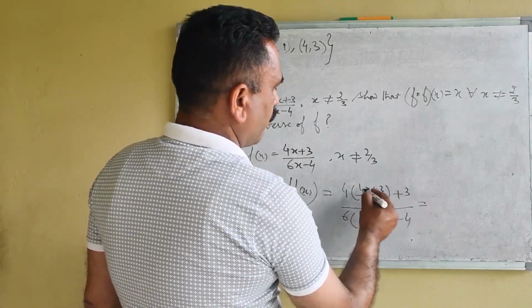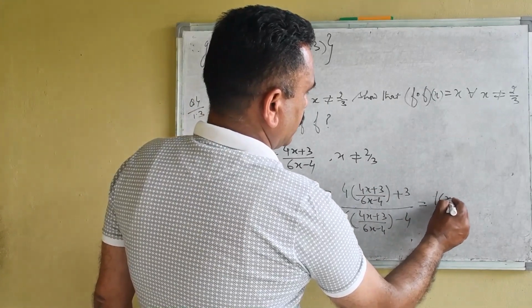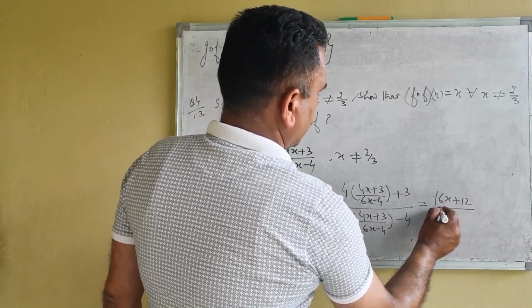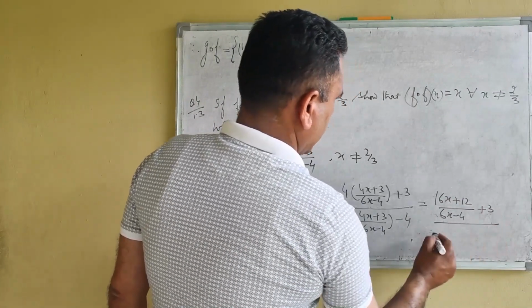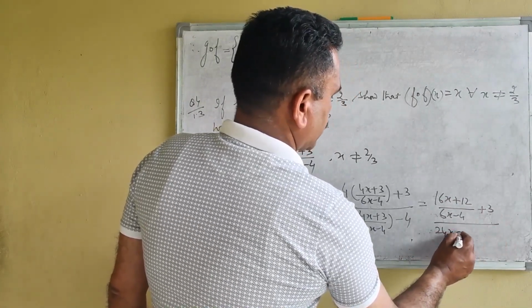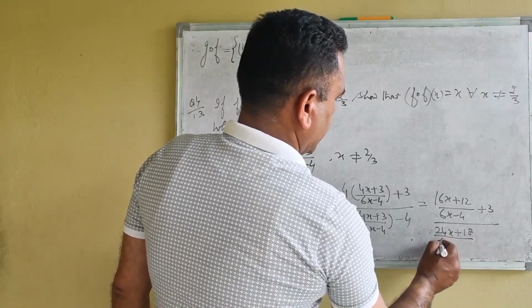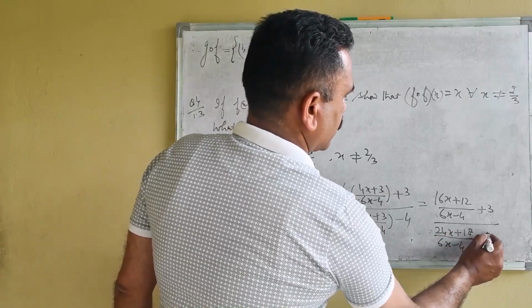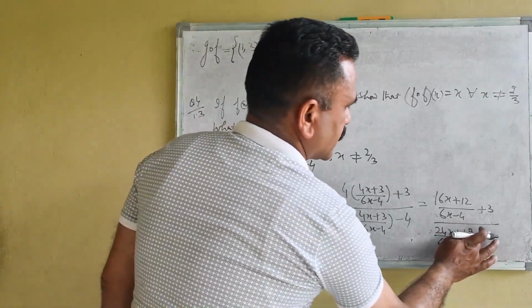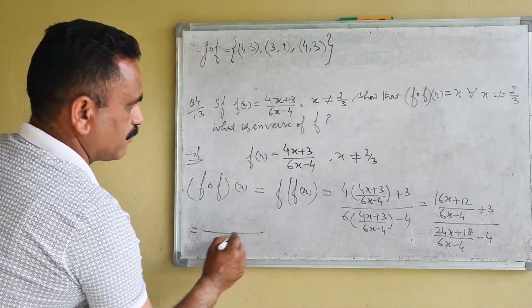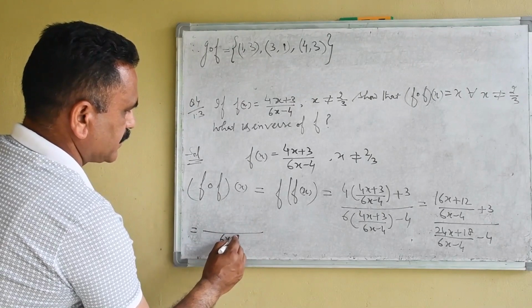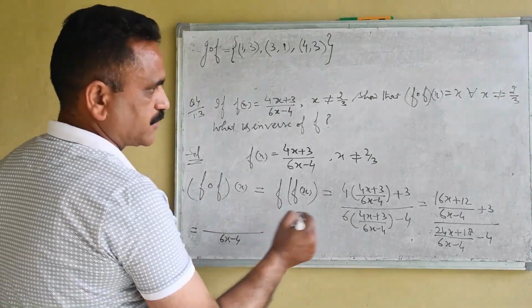Now when we open the brackets, what will we get from here? (16x plus 12) by (6x minus 4) plus 3. Similarly, (24x plus 18) whole divided by (6x minus 4) minus 4. Now we can take the LCM, that will be 6x minus 4.